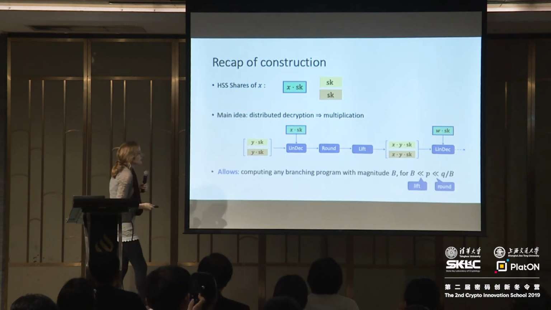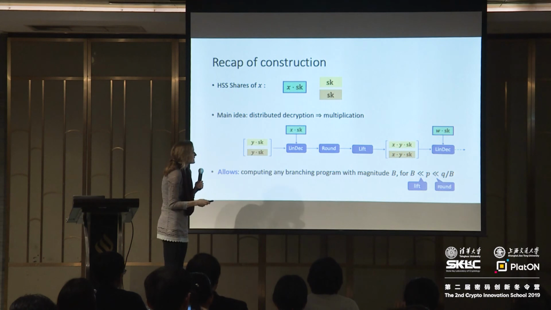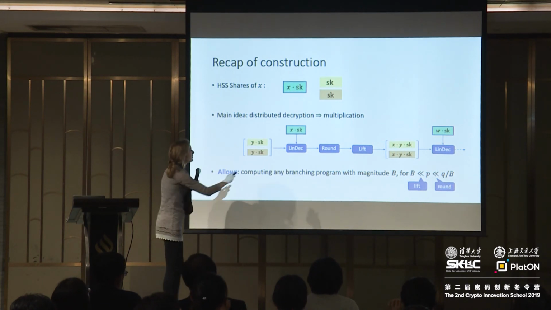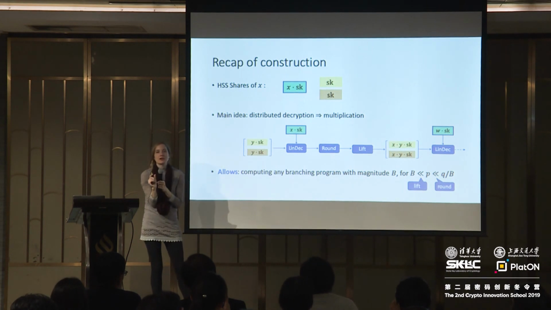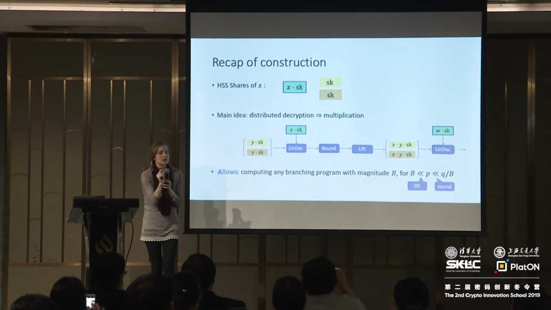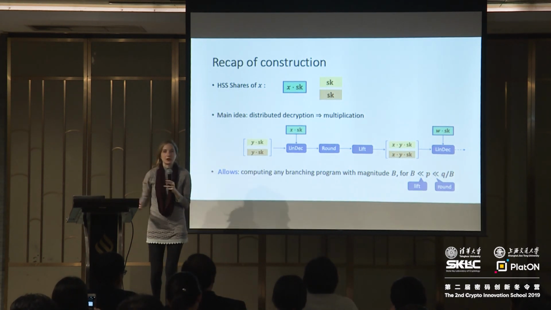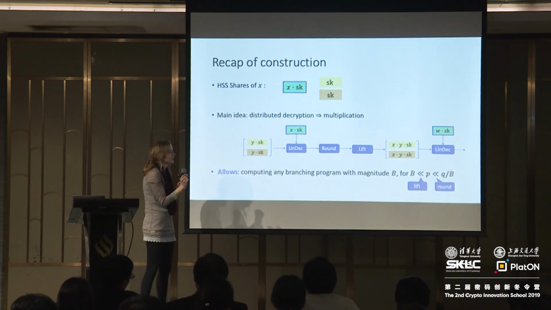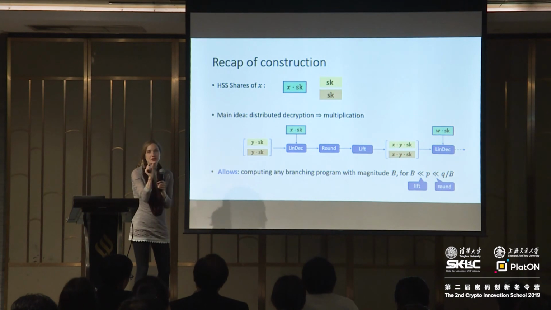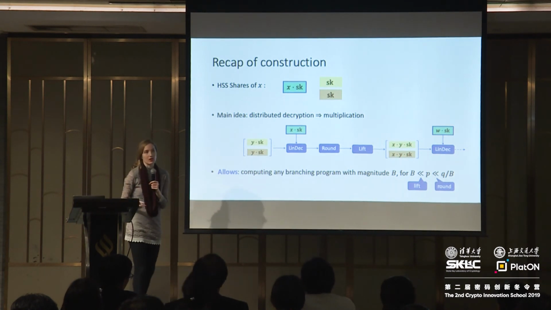Okay, and a couple of comments here. All this rounding and lifting and so forth requires that the magnitude of the values be small compared to P and Q. So the costs here grow with the size of the magnitude of the values you're computing on.